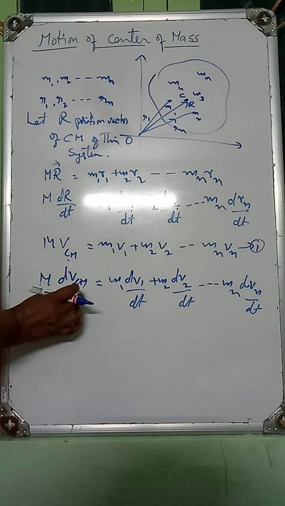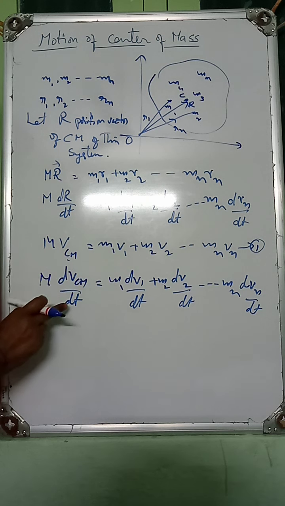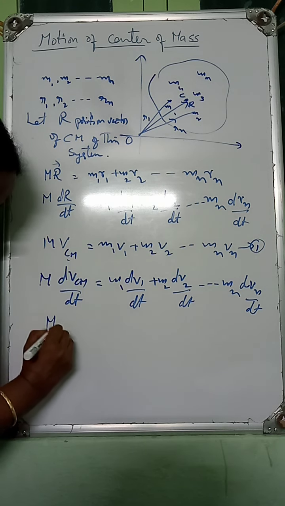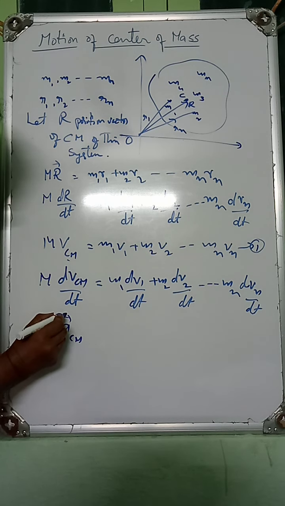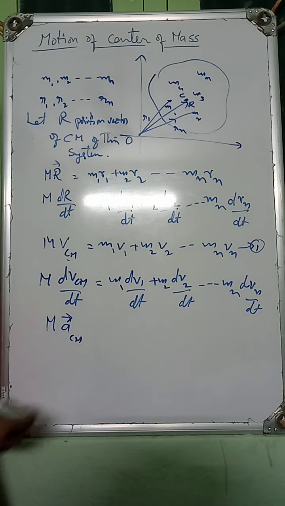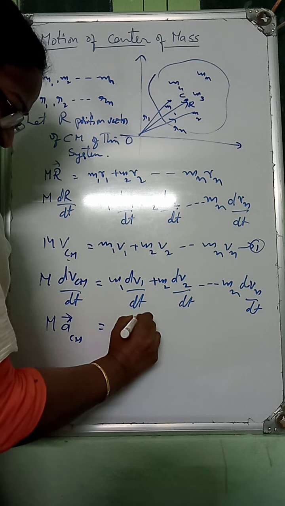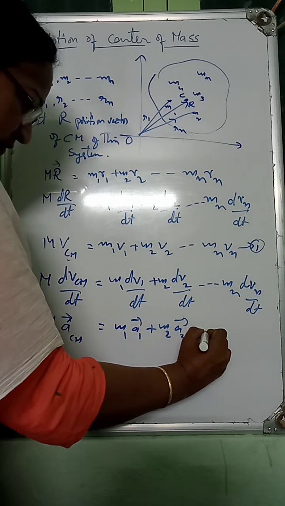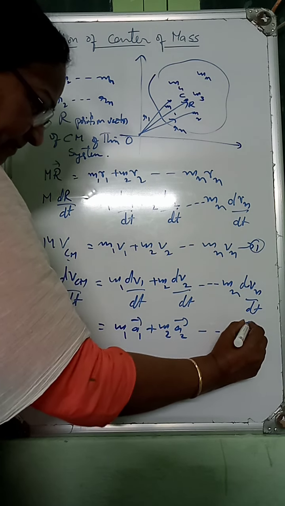What is the rate of change of velocity? Rate of change of velocity is acceleration. So the change in velocity of the center of mass with time gives the acceleration of the center of mass. It can be written as M into acm. Again, acceleration is also a vector, equal to m1 a1 plus m2 a2, and so on up to mn an.